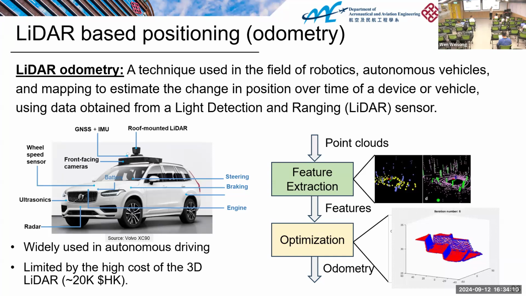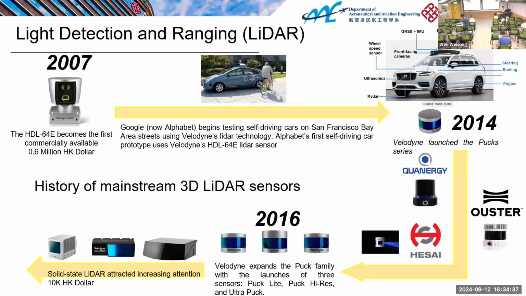In this 3D point cloud we can infer the walls and some infrastructure. Based on some algorithm, we can infer the change, for example how much I have changed in X, Y, based on these two frames of data, the red points and the blue points. This is generally how the LiDAR odometry algorithm looks.